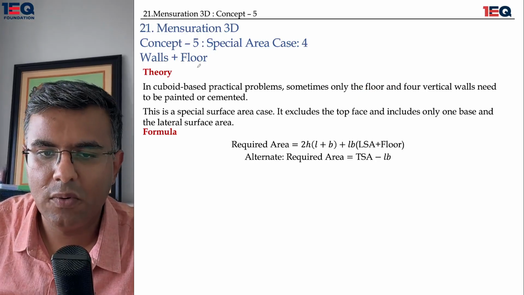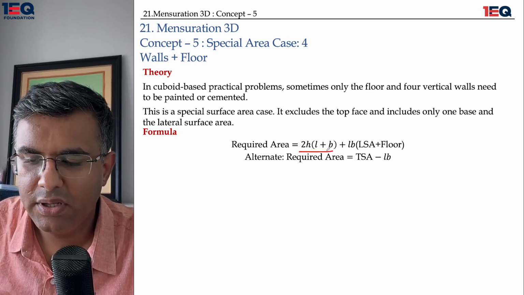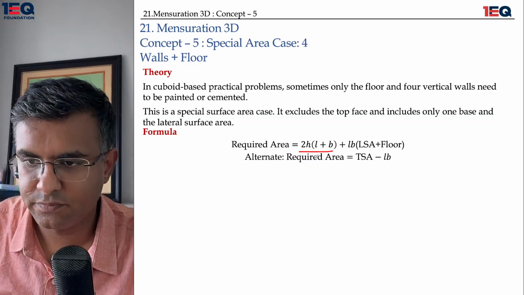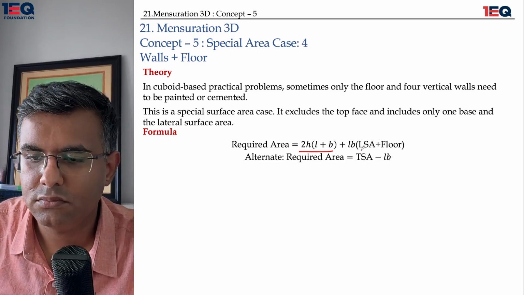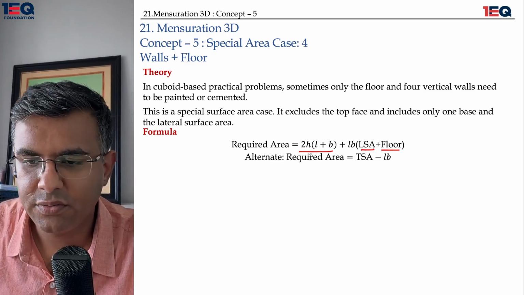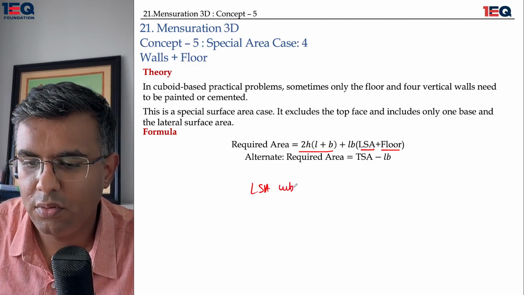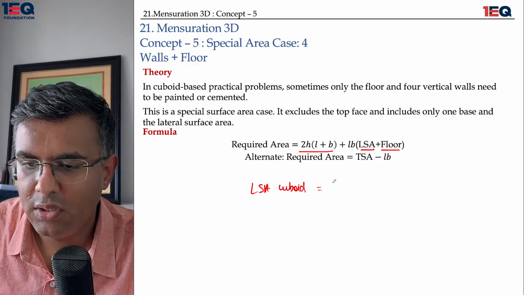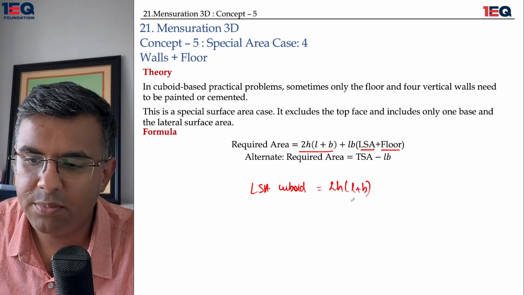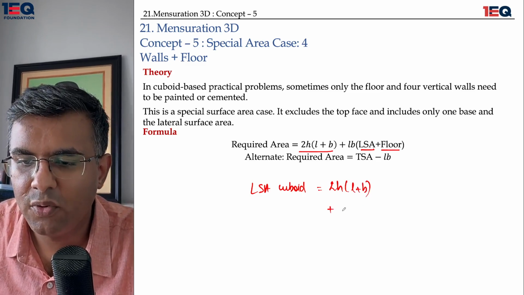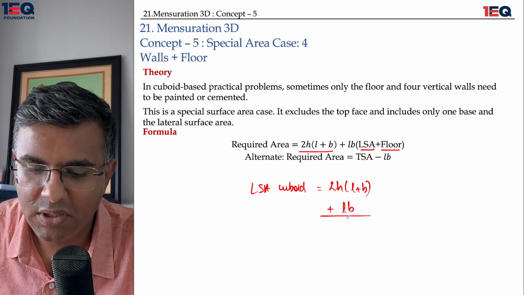Now we are talking about 4 walls and the floor. The LSA, the formula in which LSA needs to be found out for a cuboid, is 2h multiplied by L plus B. If you also include the area of the floor in it, you will have to add a term which is L into B in this situation.